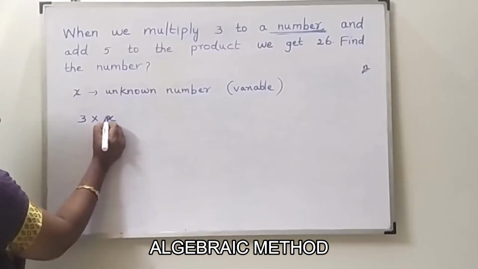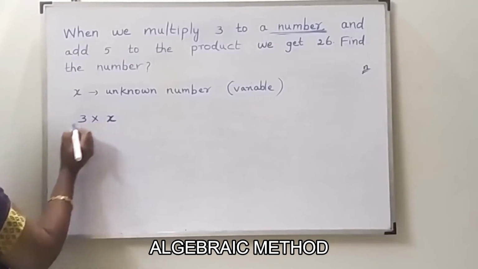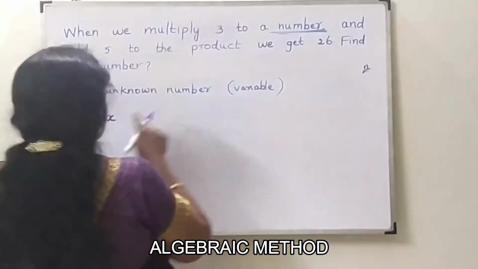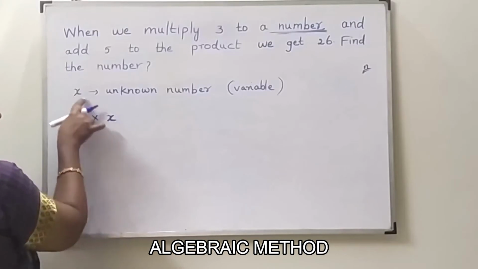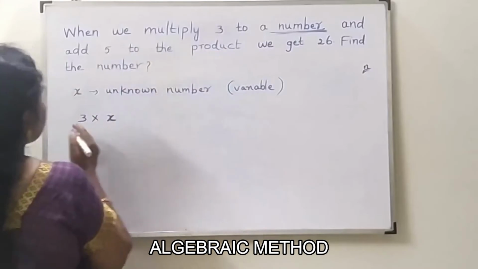In order to differentiate, I have used it in this way. This is small letter x and this is the cross for multiplication. So we have multiplied 3 to the number, since we have considered this as the unknown number, and add 5 to the product.